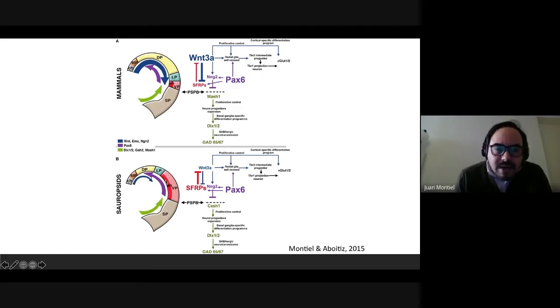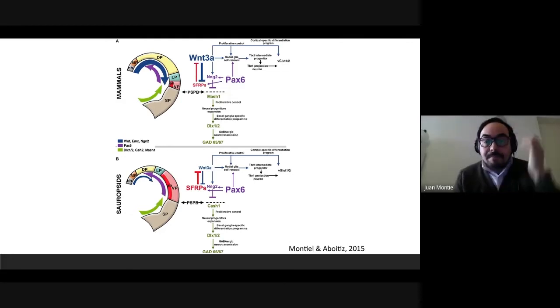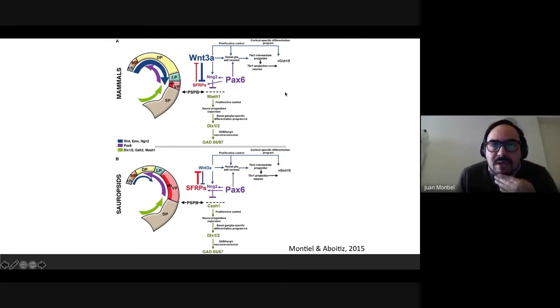So we can amplify this region in red in sauropsids, and from that region is generated mostly the dorsal ventricular ridge that I mentioned before.